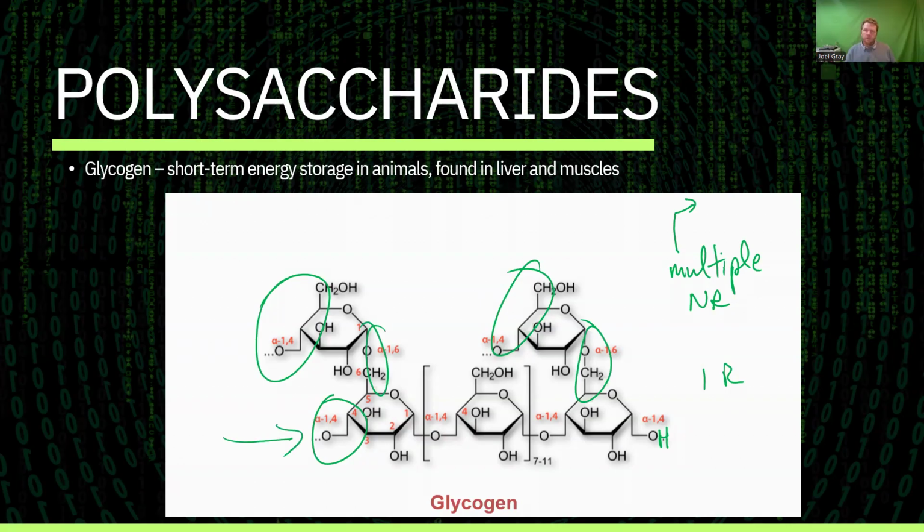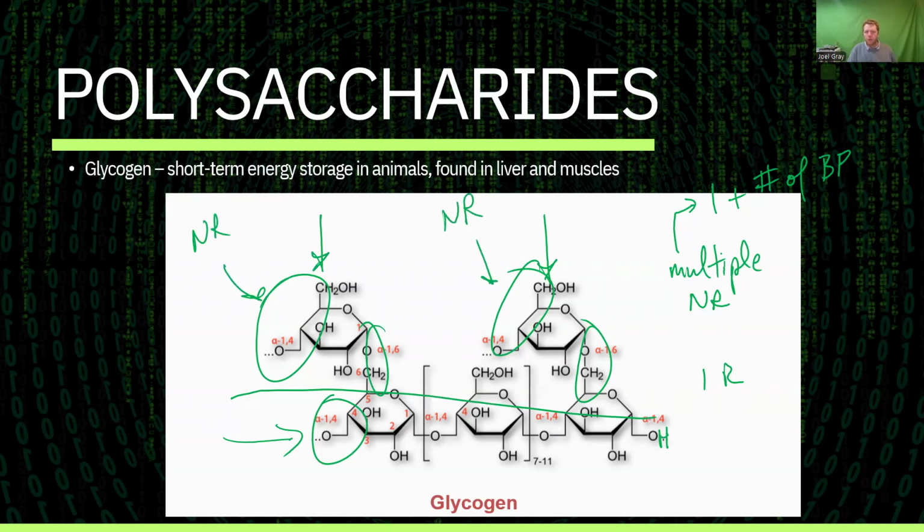You could say for the non-reducing ends, you have one because there's going to be a main chain glucose plus the number of BP, or branch points. If you have two branch points, which is what we have here and here, 1, 2, each one of those has a non-reducing end. And then your main chain has a non-reducing end. Could you give me a Y or an N in the chat if that makes sense?